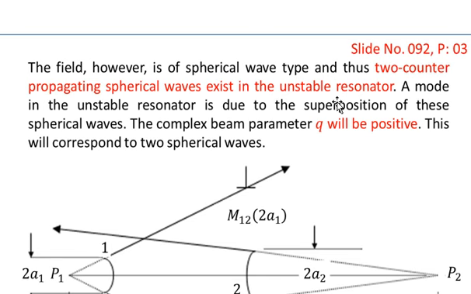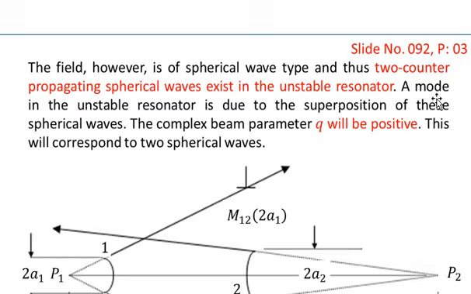So you see that we have two spherical waves generated by, or reflected by, mirror 1 and mirror 2 within the resonator. Both will move in opposite directions and they can couple with each other, forming standing waves. A mode in the unstable resonator is due to the superposition of these spherical waves.